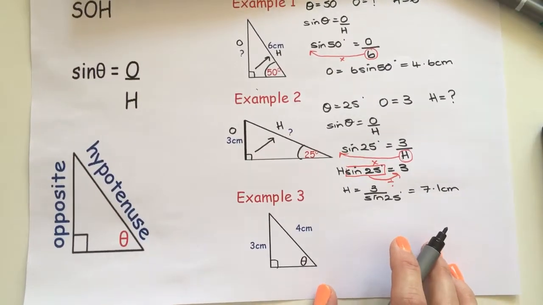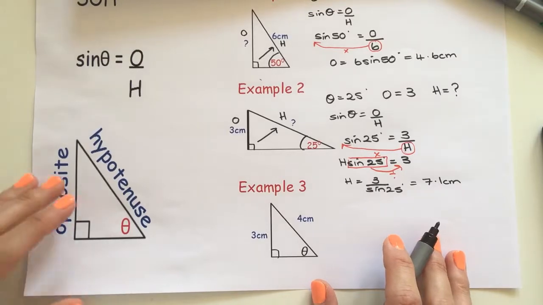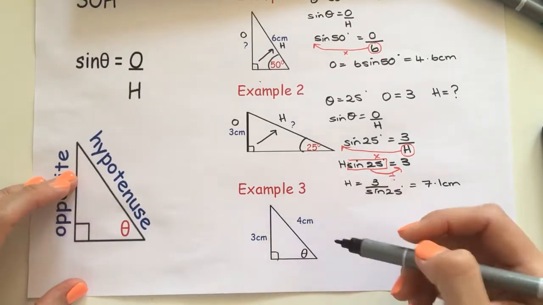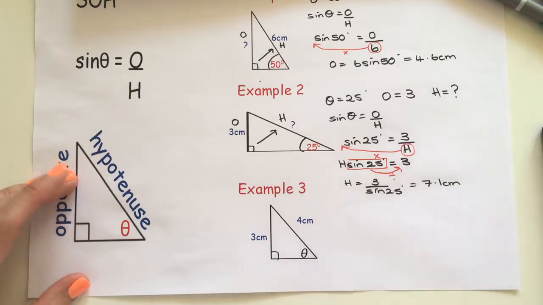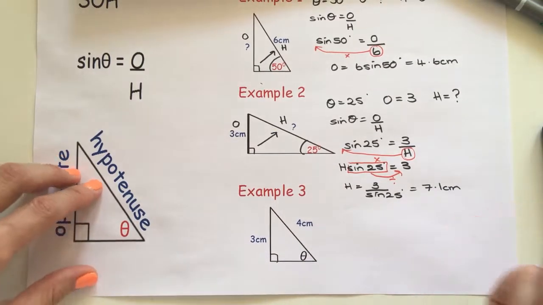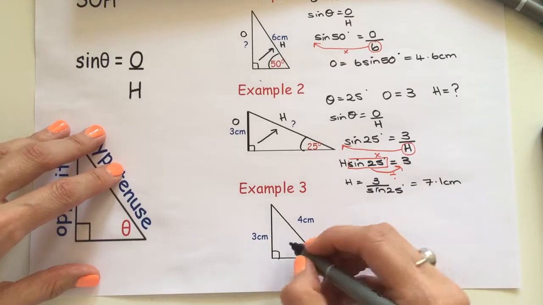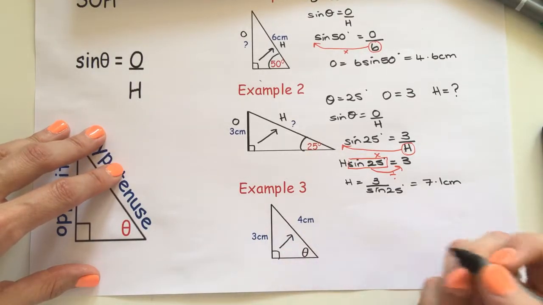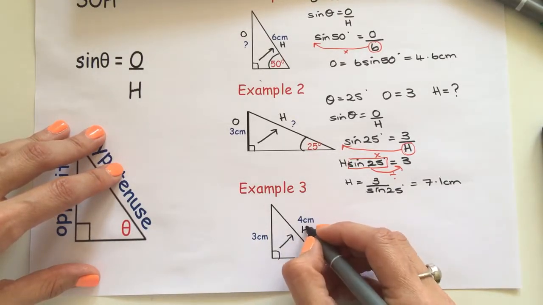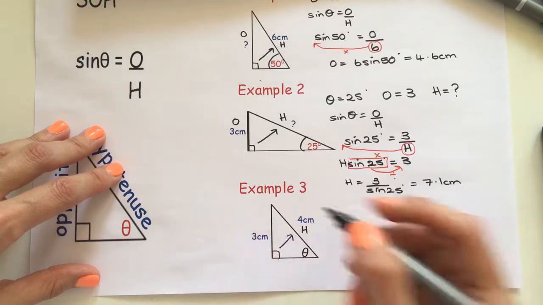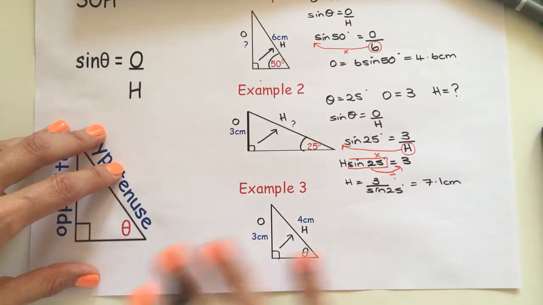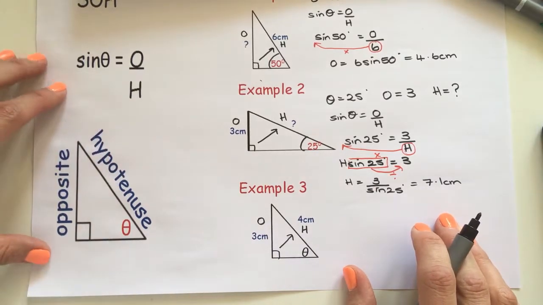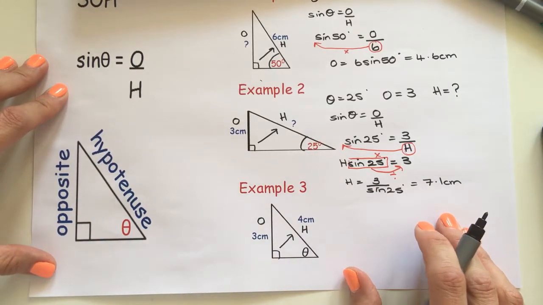Now, the last one is when we are given a triangle again. This time we're given two lengths and we need to find the angle. That's what's missing. So again, start from the beginning, label up your diagram. Opposite the right angle is the hypotenuse. Opposite the angle is O. Again, no reference to A, so we don't need to do anything about it.